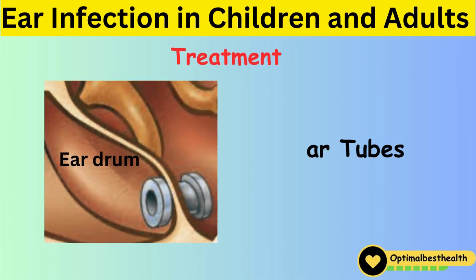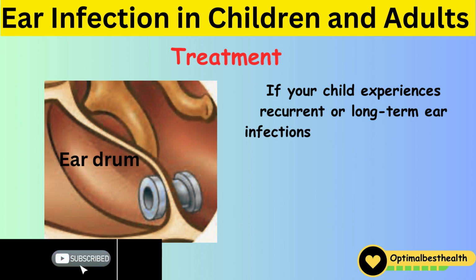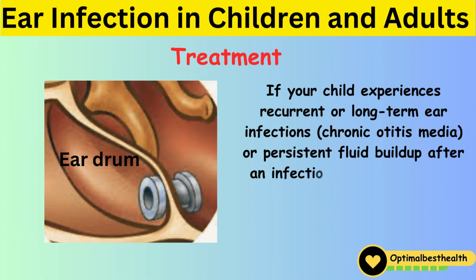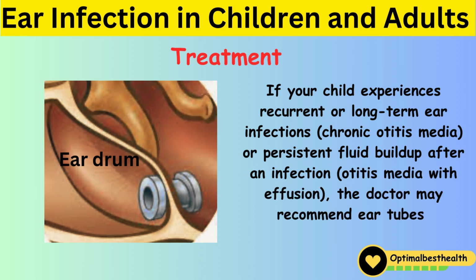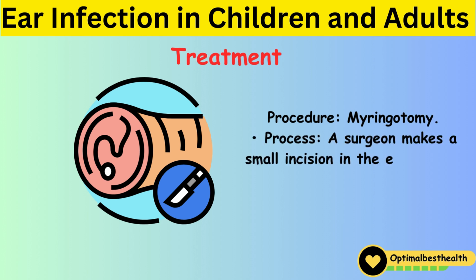Ear tubes. If your child experiences recurrent or long-term ear infections, chronic otitis media, or persistent fluid buildup after an infection, otitis media with effusion, the doctor may recommend ear tubes. Procedure, myringotomy: a surgeon makes a small incision in the eardrum to drain fluid from the middle ear.